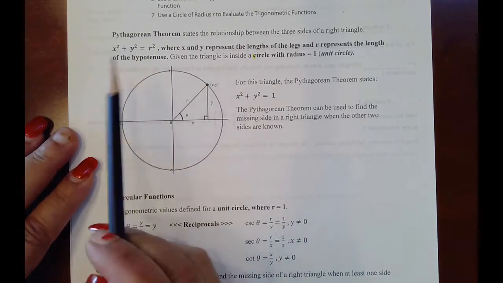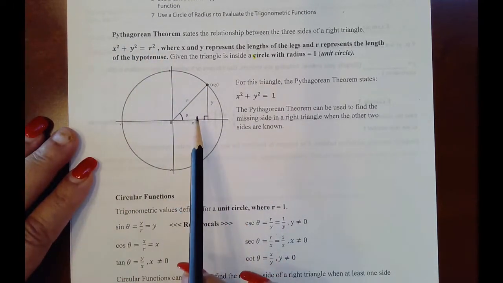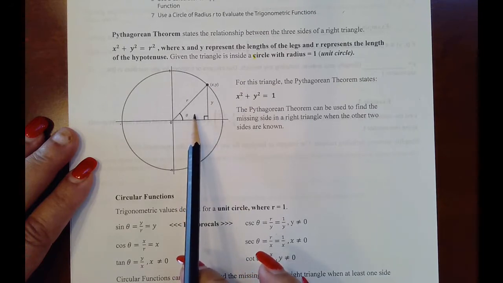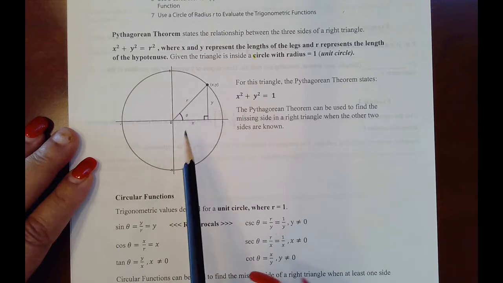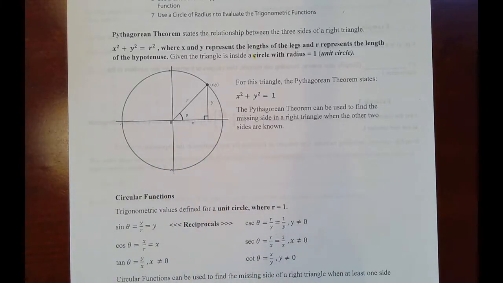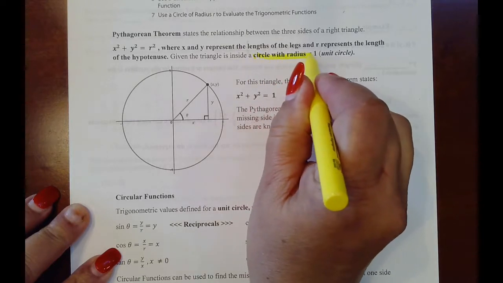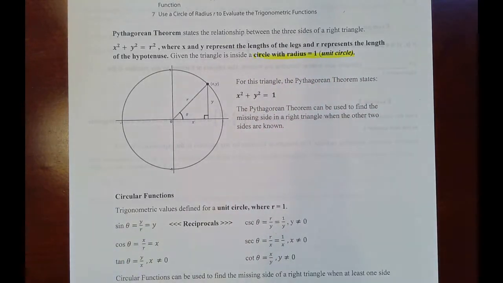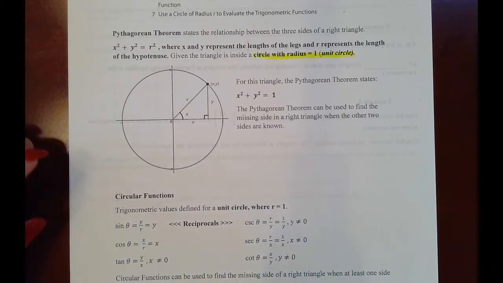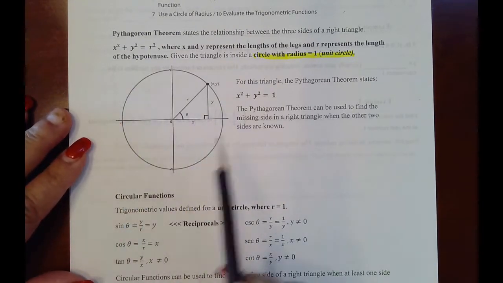Now, if we're applying this particular theorem to this picture, being that this right triangle is inside of what we call a unit circle, and a unit circle is just a circle with radius equal to 1. Much of your work is going to be a triangle inside of a unit circle.